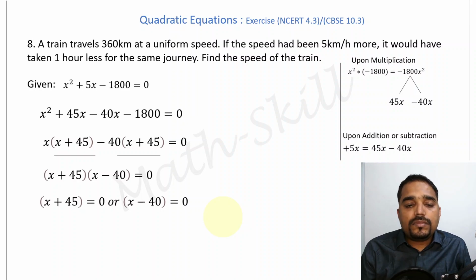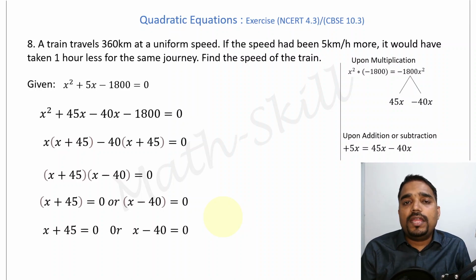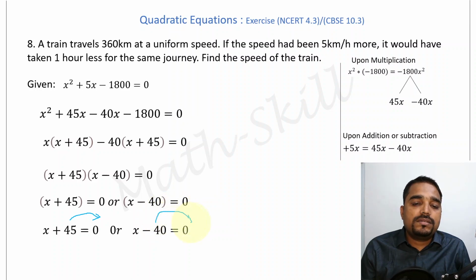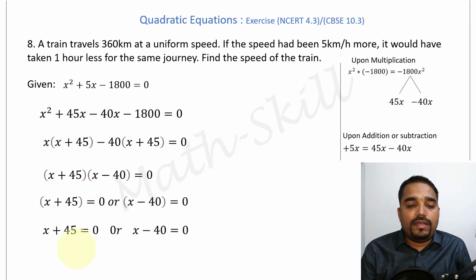Upon transpose, to find the value of x, plus 45 would become minus 45 and minus 40 would become plus 40. That is, x is equal to minus 45 or x is equal to plus 40.